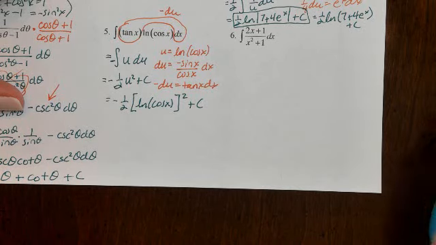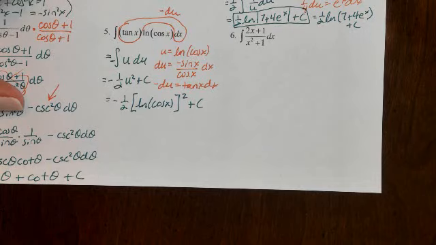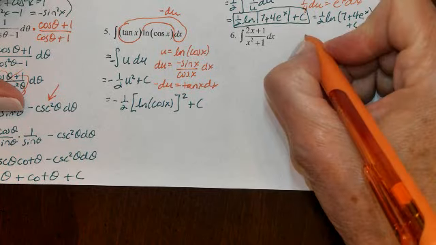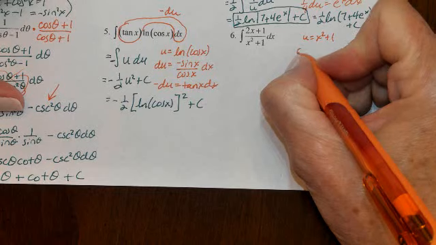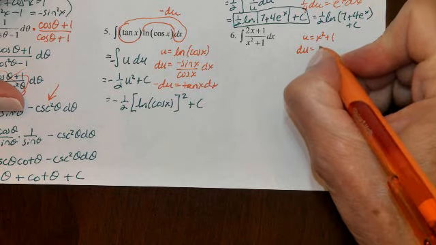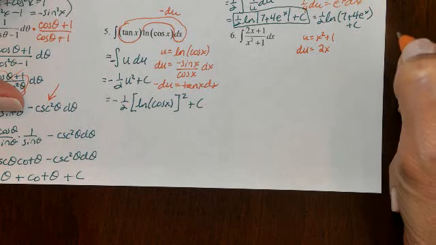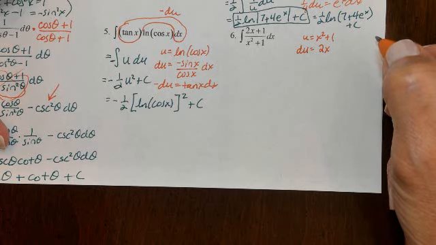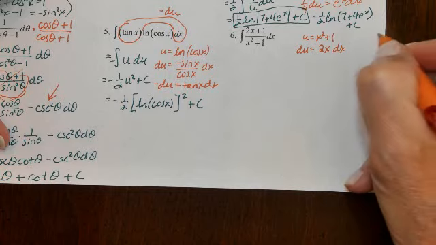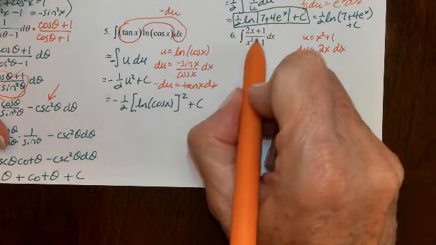If we let u be the entire denominator, what is du? 2x. Well, that's interesting, isn't it? Because we have the 2x, we just have that plus 1.